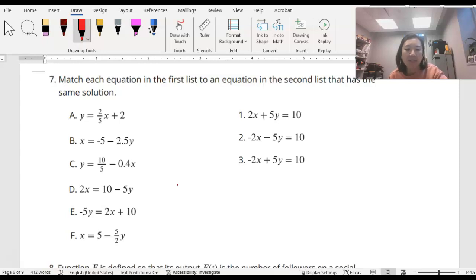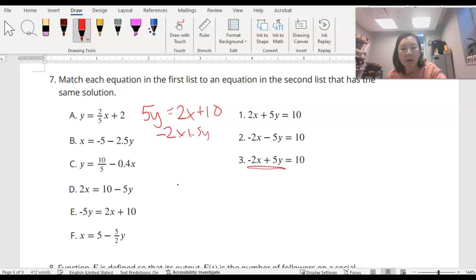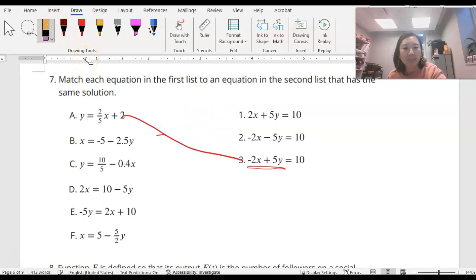If I were to multiply this whole thing by 5, I would get 5y equals 2x plus 10. So in this case, I would have one with a negative and one with a positive if I move it to the same side. So this would be negative 2x plus 5y equals 10. So A matches with equation 3 very nicely.